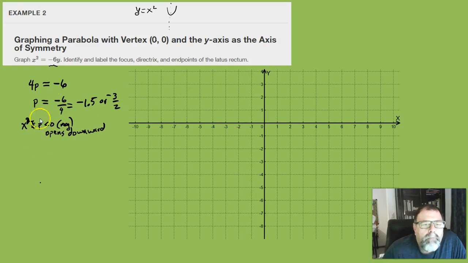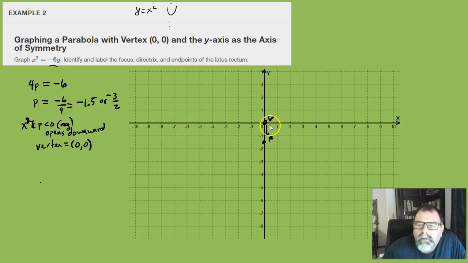Our vertex is 0, 0. So I start there. We figured out p is negative 1.5, so I go down 1.5. And remember, if I draw an arrow from vertex to the focus, that's the direction it's opening. So it's opening down.